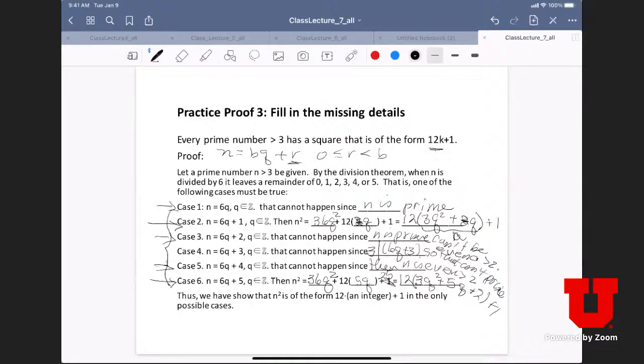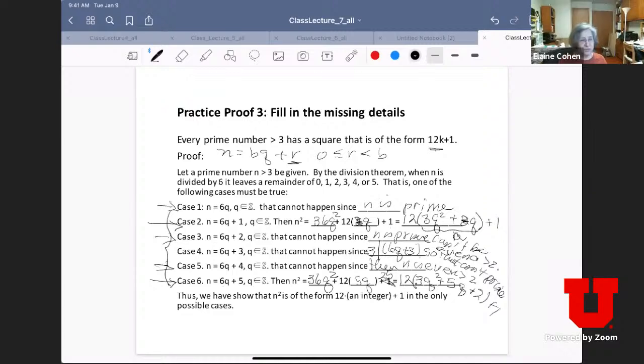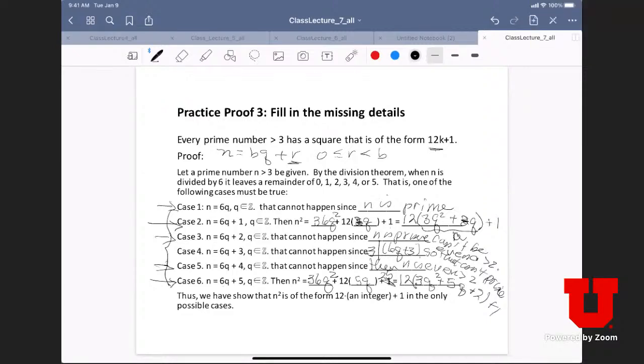But what I'm saying is, we use the division theorem and go through all the possible outcomes of dividing by 6, and we show that some of those outcomes aren't possible. There's no possible way to get that remainder like a 2 or 3.